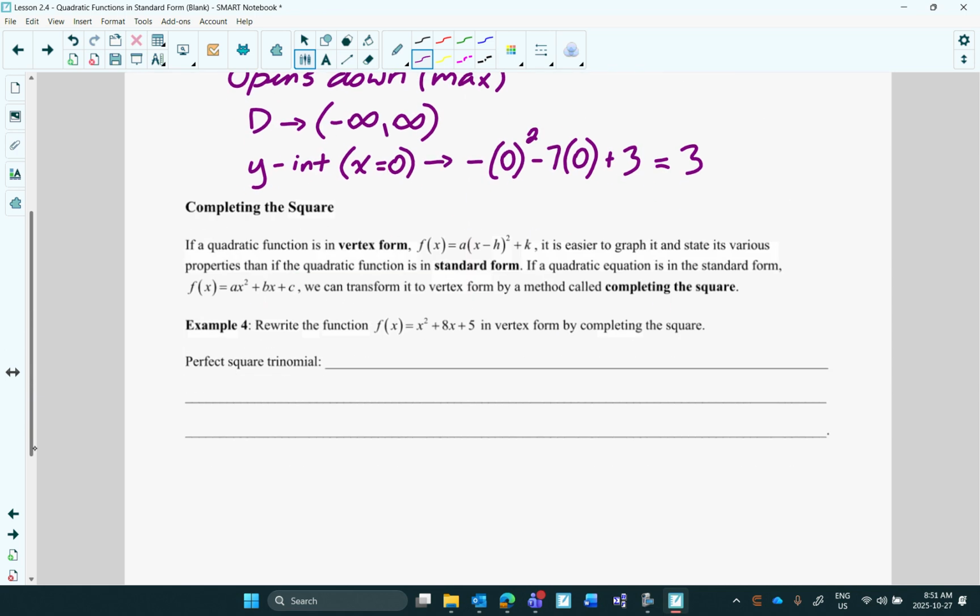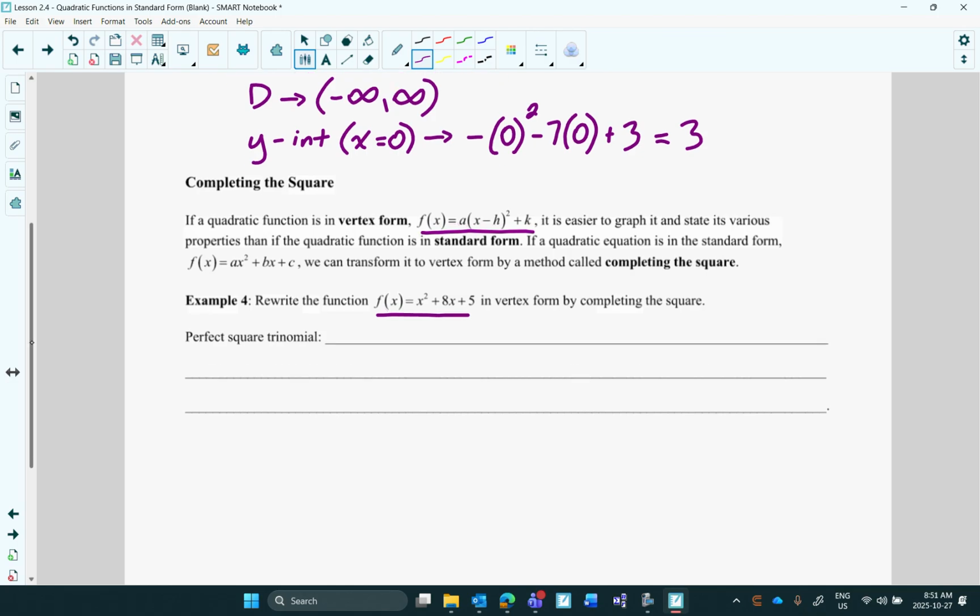So here's our example. How do I make this look like this? And you can see here, obviously, that the method we're going to use is called completing the square.